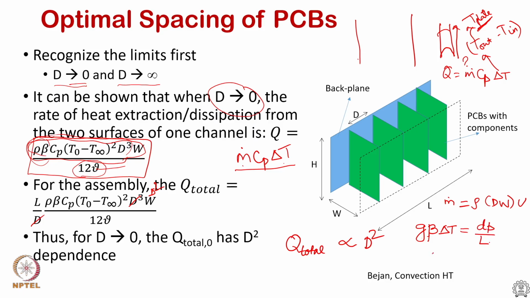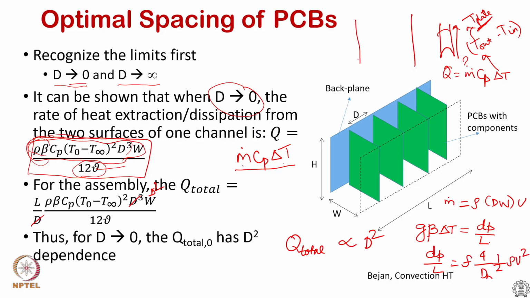How do I obtain the pressure gradient? It just comes from the friction factor relationship, and it is nothing but f divided by the hydraulic diameter, times half rho u square.